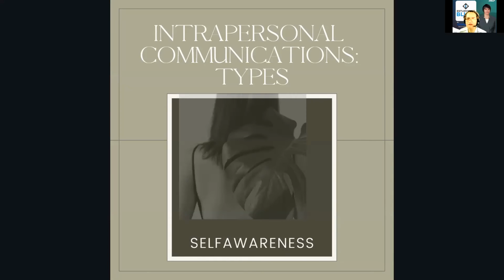So what are the different types of intrapersonal communication skills? One of the types is self-awareness. Okay, so from the term itself, self-awareness is our assessment of what is happening within ourselves.